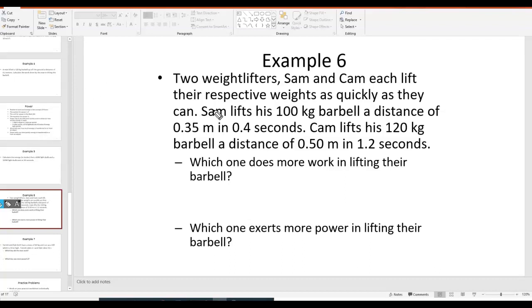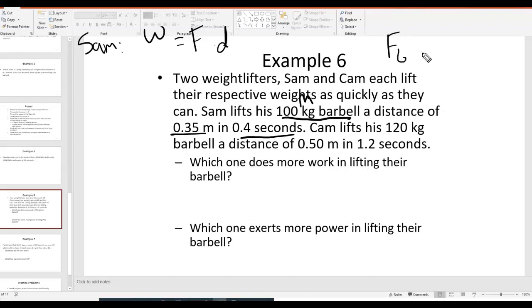Okay, so first, let's identify the given information. So Sam, we have the mass of the barbell, not the force, not the weight, but the mass in kilograms. We have the distance, and we have the time. So for Sam, to calculate the work, first I need to find the force, which is the force of gravity.